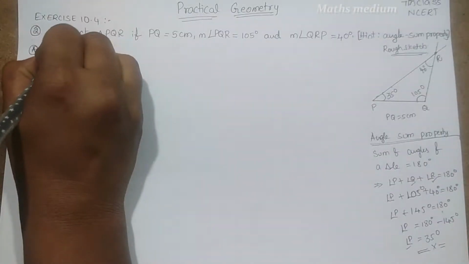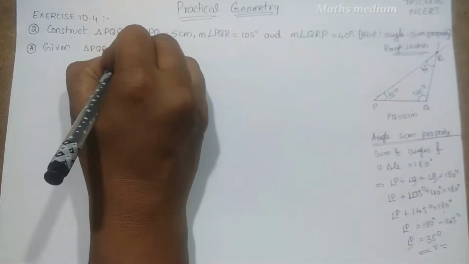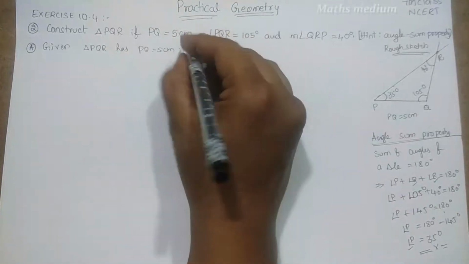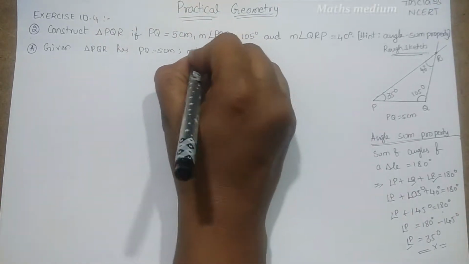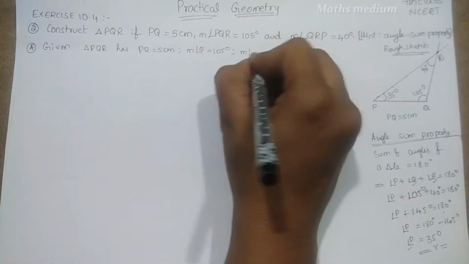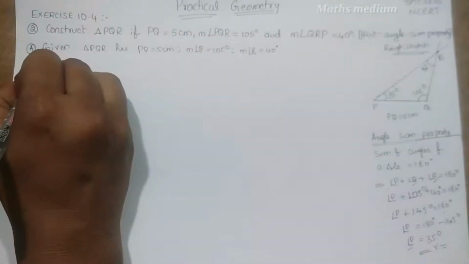Given triangle PQR has PQ is equal to 5 centimeters, measure of angle Q is equal to 105 degrees and measure of angle R is equal to 40 degrees. Now step 1.